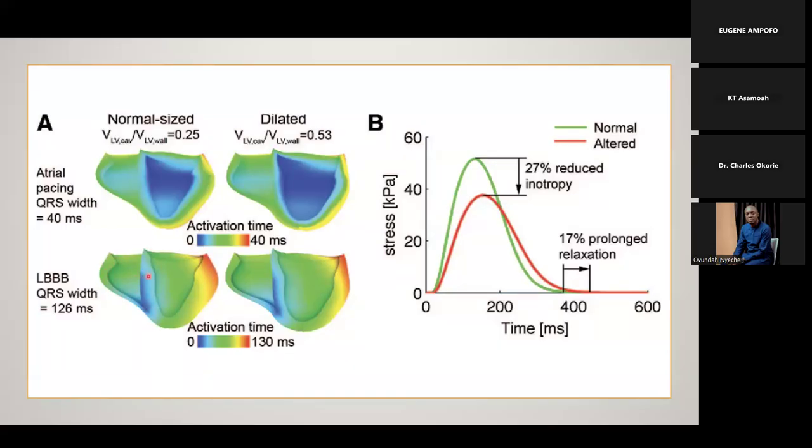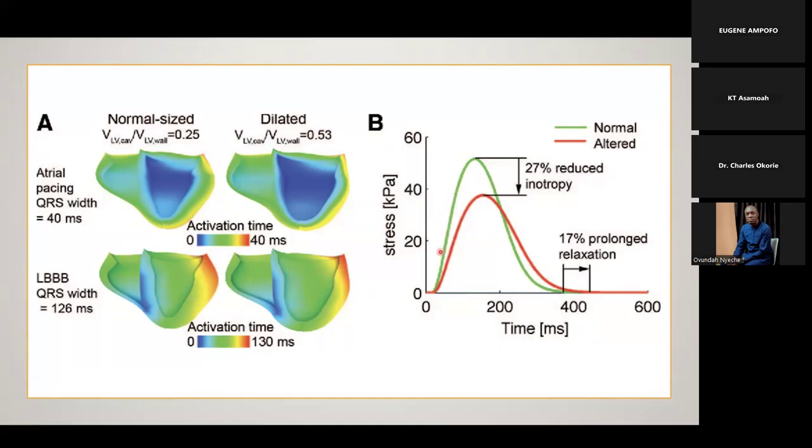So you can see that the septum has contracted after about, let's say, somewhere around 30 milliseconds of activation. Yet it took 130 milliseconds for the free wall to contract. So it affects the effective ejection of blood. And this happens in both the normal and the dilated heart where there is a bundle branch block.